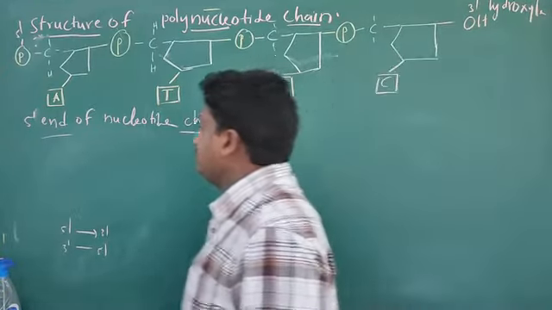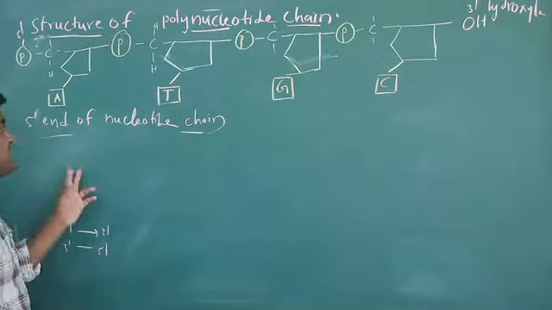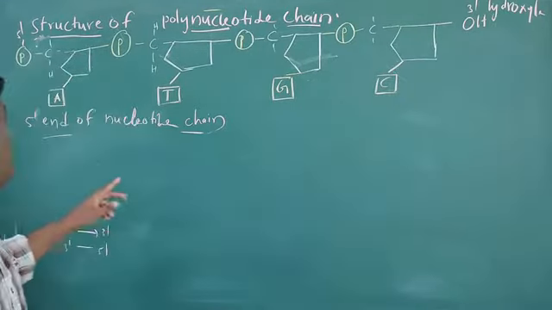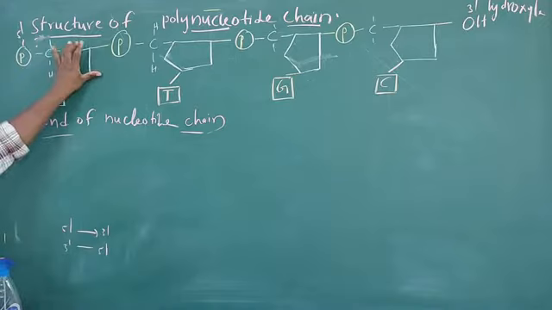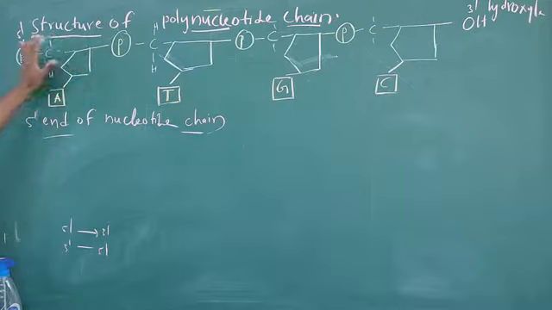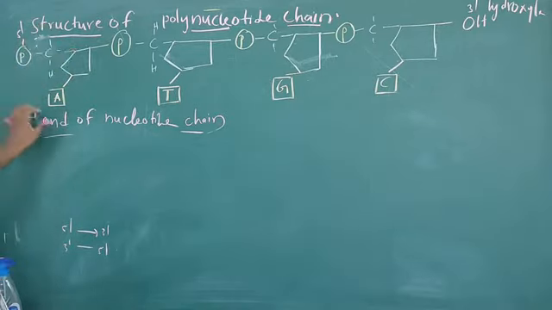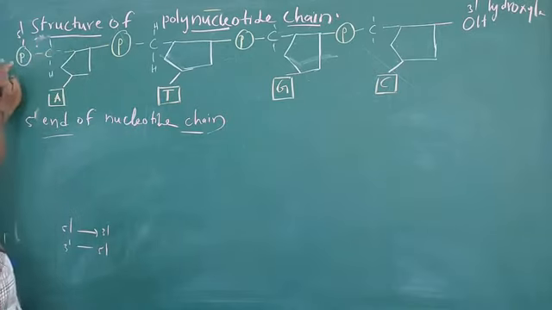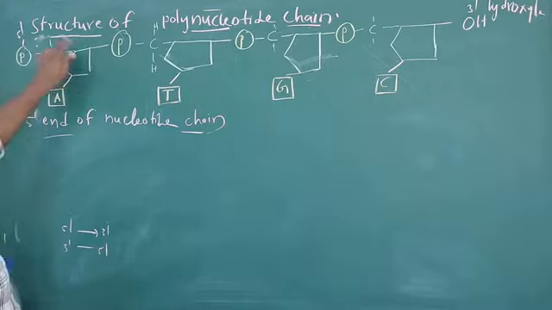So now in the polynucleotide chain, what is meant by the 5' end? The ribose sugar has, at the 5' end region, a phosphate group. This is a single nucleotide: phosphate, sugar and nitrogen base altogether is called the nucleotide.